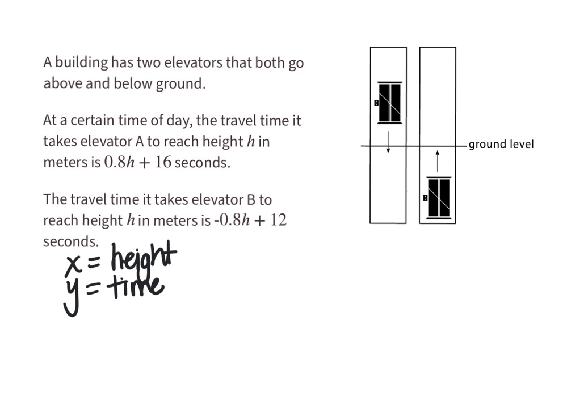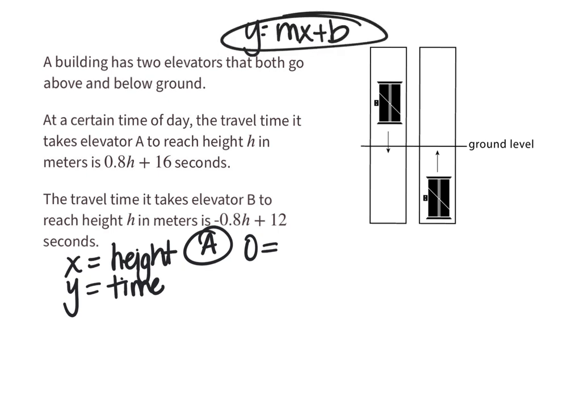If we're looking at elevator A, we'll do elevator A in black, that means this expression is equal to 0, right? Because remember, Y equals mx plus b, that's our general form. So that means our time is 0 and our expression is equal to it. So what I'm going to do now is solve for the height that elevator A is currently at.